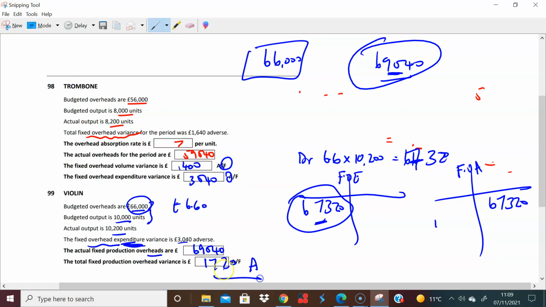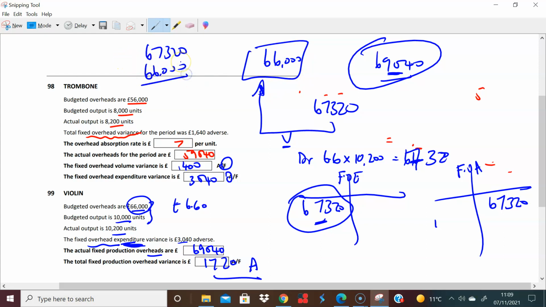So what we're trying to do is understand this figure. What you would do in steps is to first of all bring this back down to the budget, and this would have been your volume variance. You'd have said 67,320 down to the budget, because we're reducing a cost.